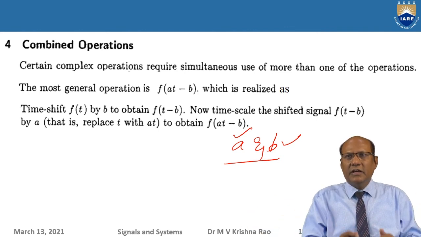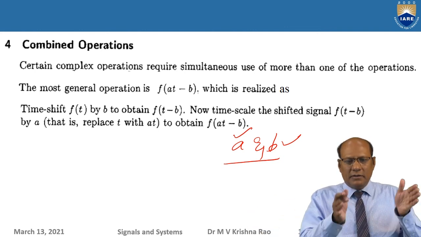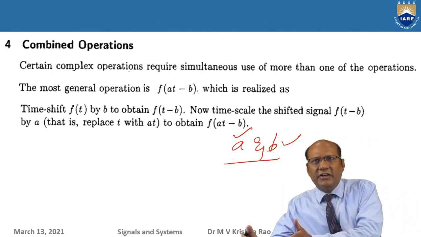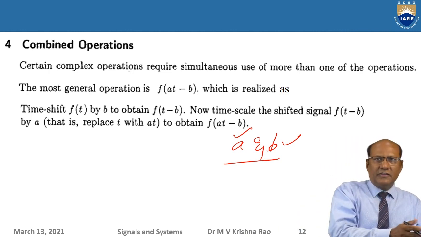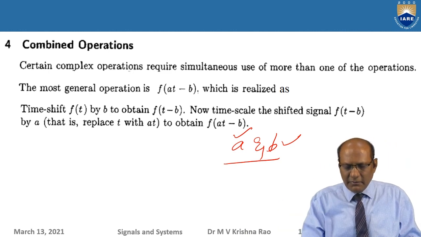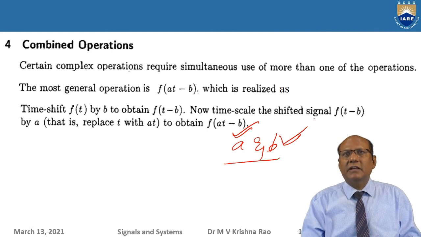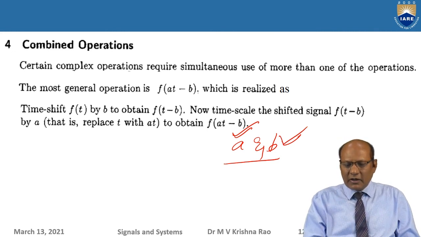B means shift: take the total signal as it is and keep it somewhere, on this side or that side. So one is for scaling, the other is for translation. Generally we come across both together.